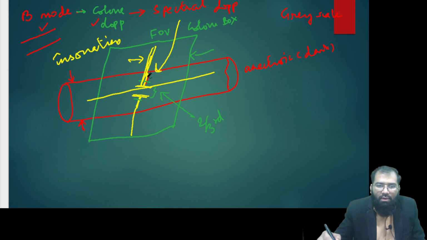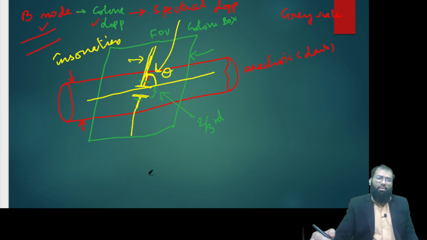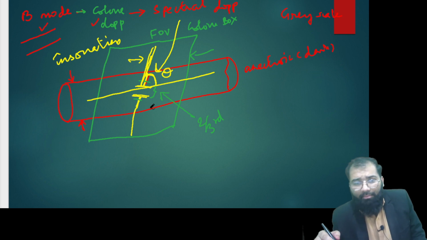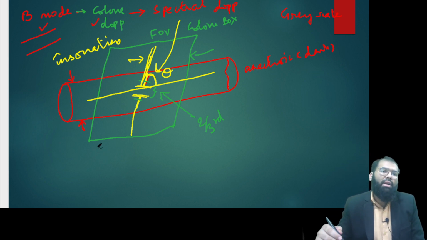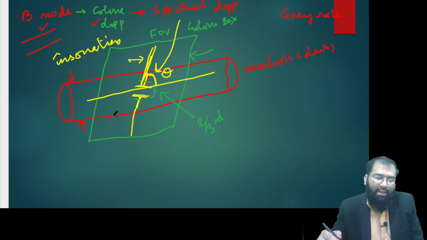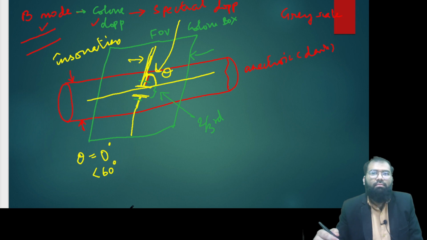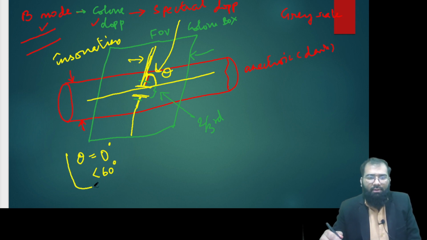This angle is formed between the flow and the insonation. Very important, to get the most accurate values on Doppler, remember that this theta has to be 0, or at least we have to try to keep theta less than 60 degrees.